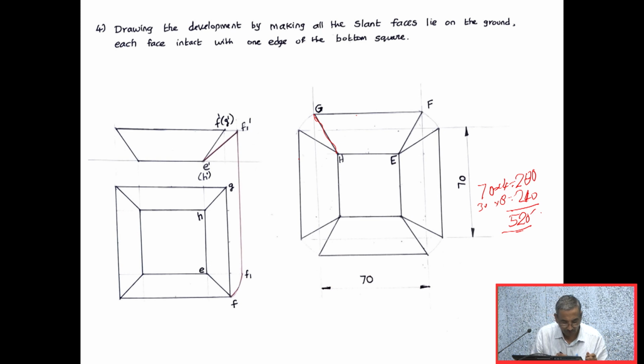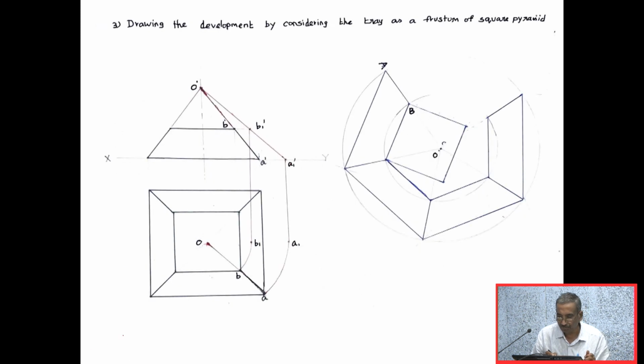Now let us go through the previous methods. Methods 1, 2, 3 will be giving the same kind of development. Here the slant length is 30. Again here the slant length is 30. So we have 2 into 30, that will be 60 mm. Then we have 70, 70, 70, 70.